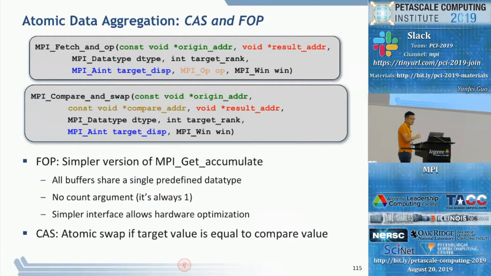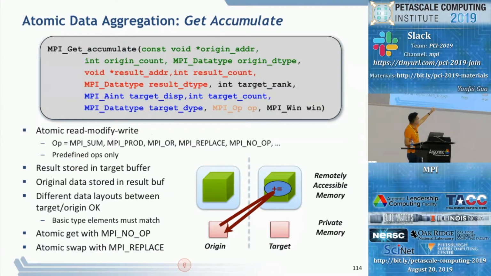The next set is fetch and op and compare and swap. Fetch and op is essentially a simple version of get accumulate. In this case, there's no count of the operation. If you go back and look at get accumulate, you have a count saying how many elements of this data type I'm operating on.